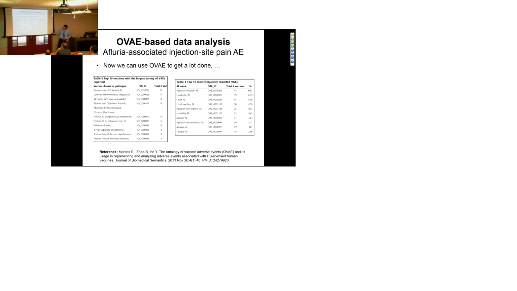For example, Combivax HB, hepatitis B, has 20 adverse events, while some have fewer. Another simple query asks what adverse events are most frequently reported. We find that pain occurs about 70% of the time you get any vaccination.